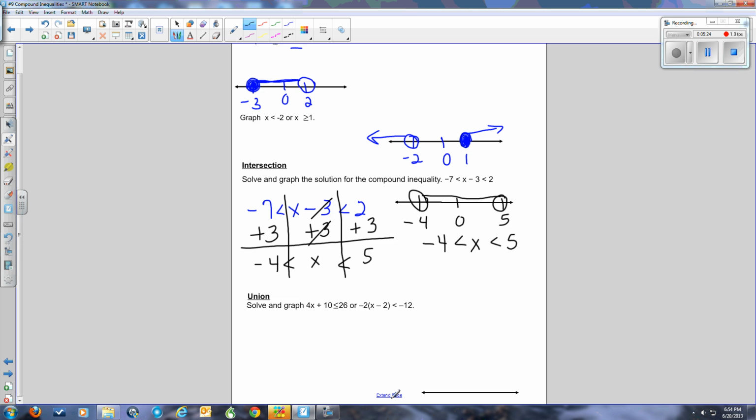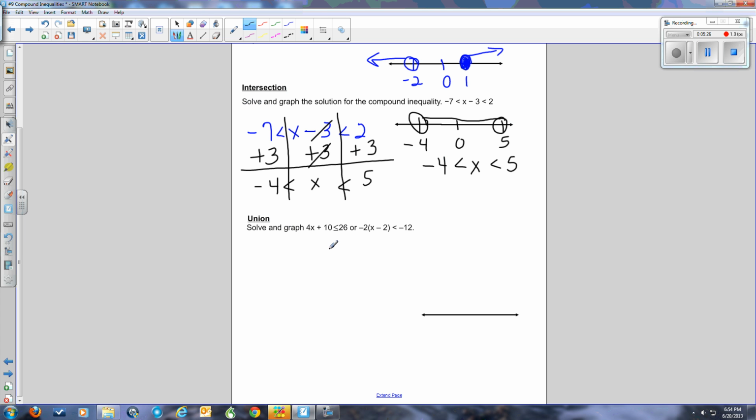Let's say we have this example here. We want to solve and graph 4x plus 10 is less than or equal to 26, or -2 times the quantity x minus 2 is less than -12. Basically what we've got are two inequalities. When they're separated by an or, just solve each one separately and then graph each one on the line. So let's do the first one.